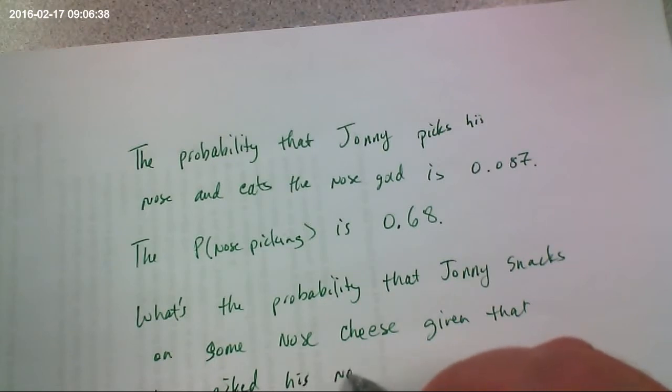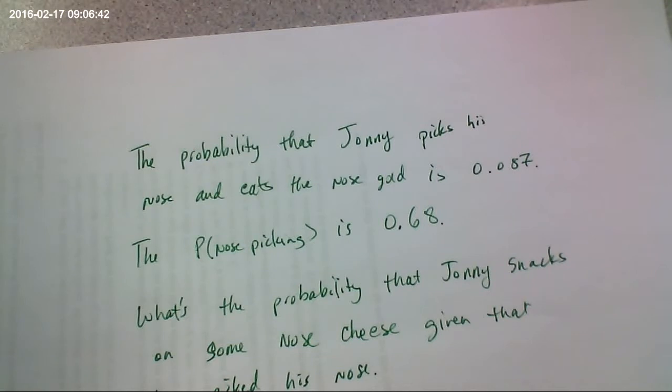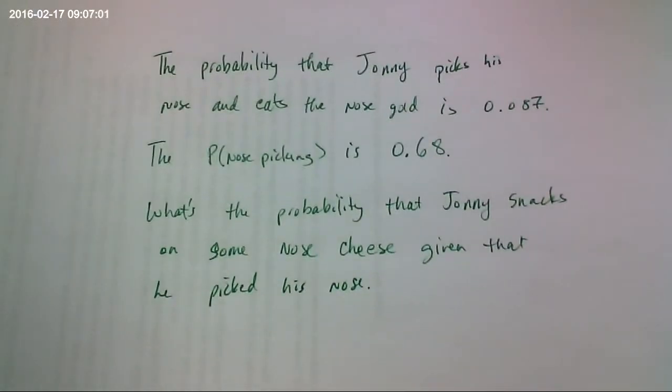So in other words, you're sitting next to Johnny and you see him like 2 knuckles deep up his nose, right? That's already happening. He's already mining, already digging for gold. What's the probability that he pulls his finger out and then it goes directly in his mouth? That's what you're trying to figure out right here. Okay, go ahead.